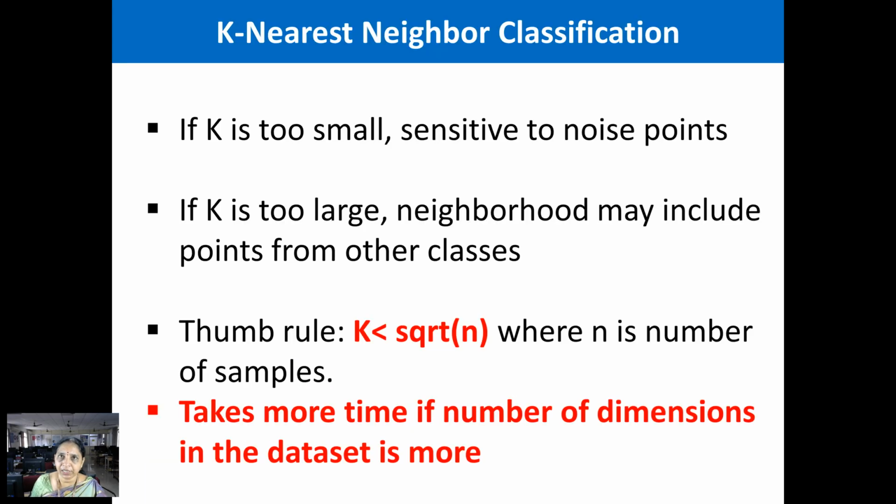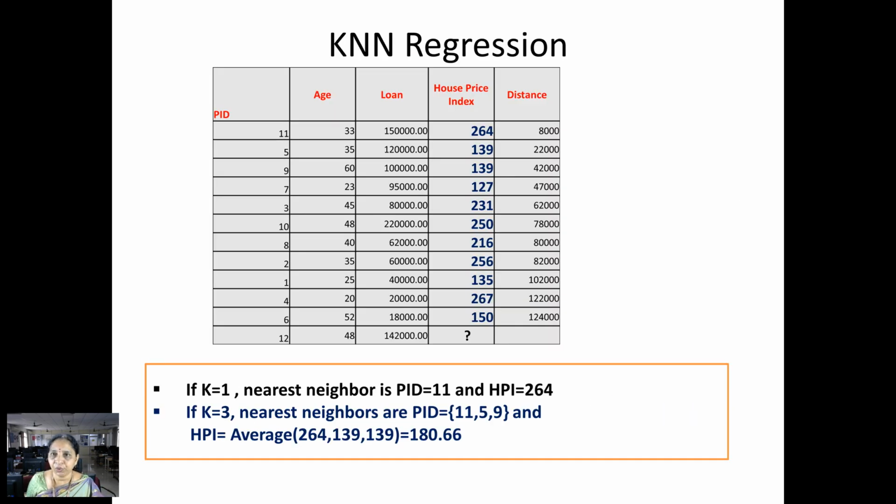We will see the steps of this algorithm now, and before I explain the steps, these are the important points regarding k nearest neighbor classification. If the k value is too small, it will be sensitive to noise points. For example, in the previous slide, if k is equal to 1, I identified the house price index as 264. But if that is a noisy record, whatever result we are giving will not be the correct value.